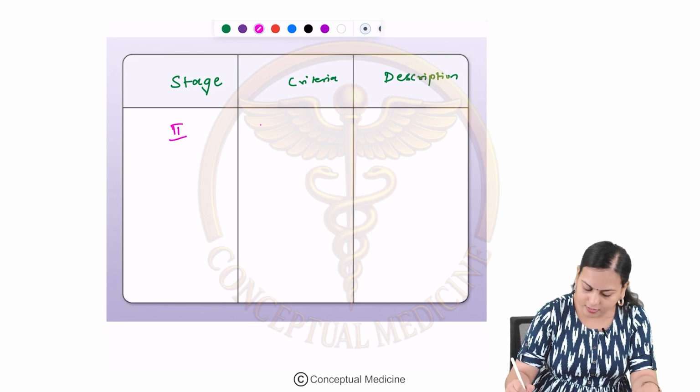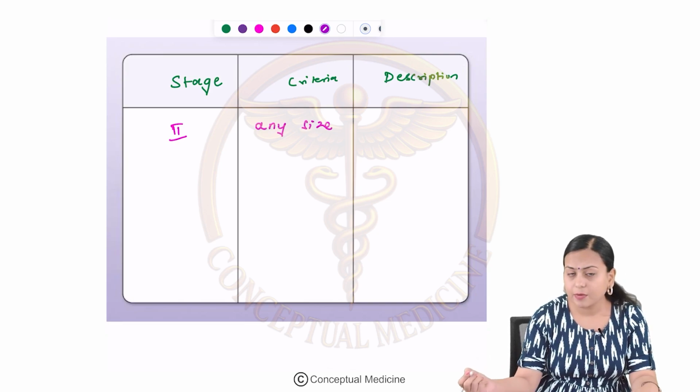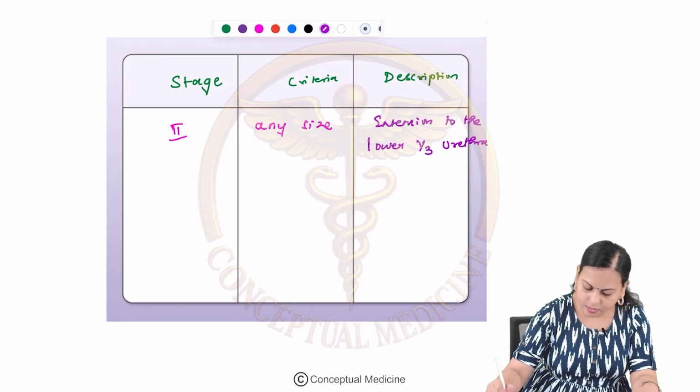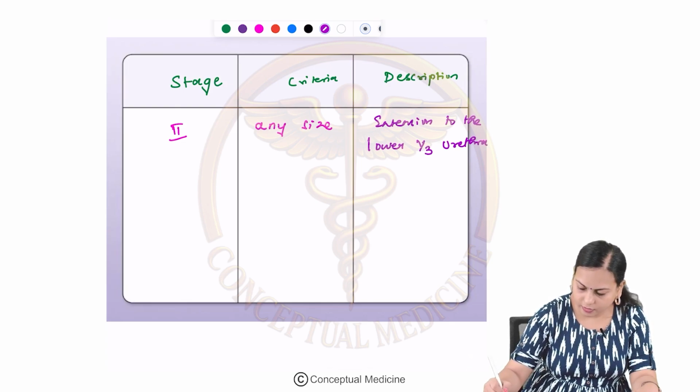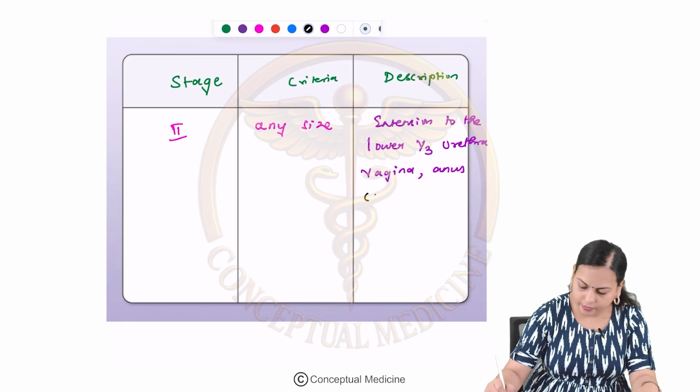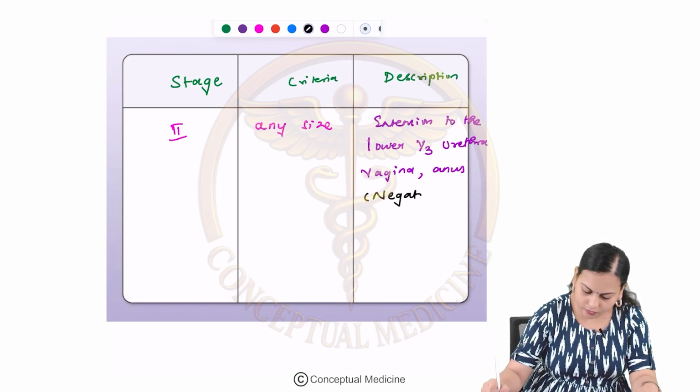Here the tumor can be of any size, but there will be extension to the lower 1/3 of urethra, lower 1/3 of vagina, as well as lower 1/3 of anus. One important point here is there will be negative nodes.